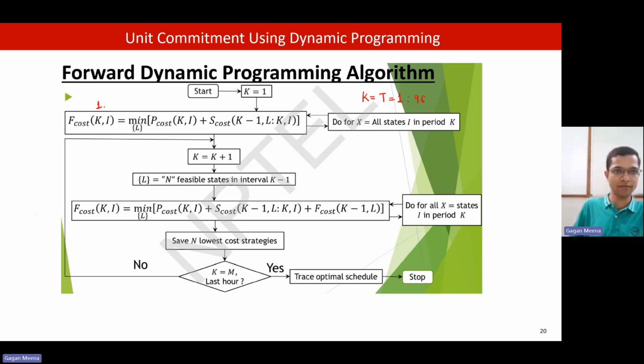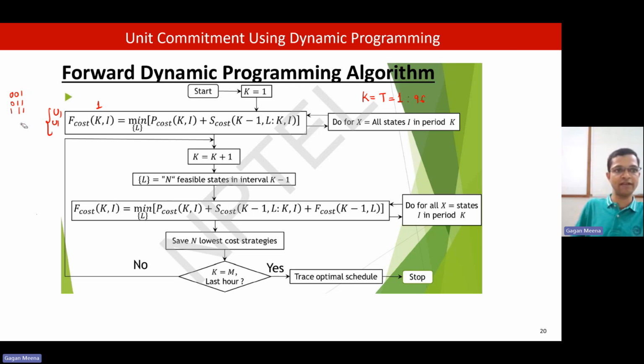If there are three generators, then there are three combinations: 001, 011, and 111. These are the three combinations.